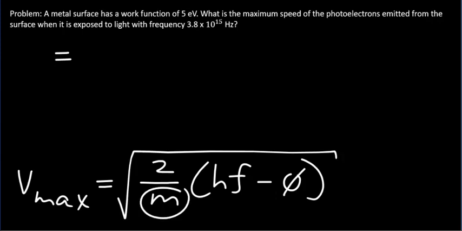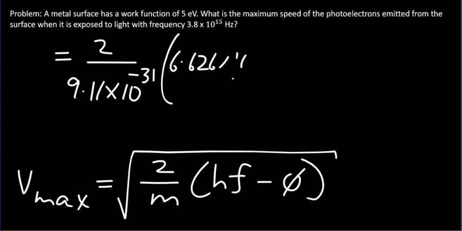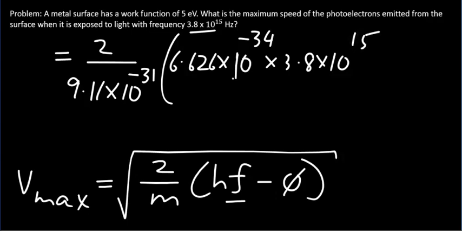The mass of the electron is 9.11 times 10 to the power minus 31 kg. h is Planck's constant, the value is 6.626 times 10 to the power minus 34. f is the frequency which we are given, 3.8 times 10 to the power 15 Hz, minus the work function.